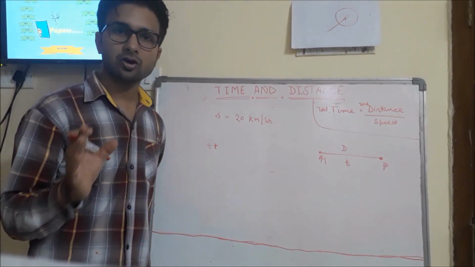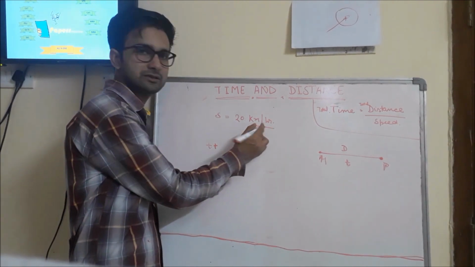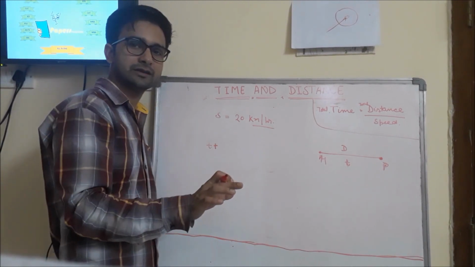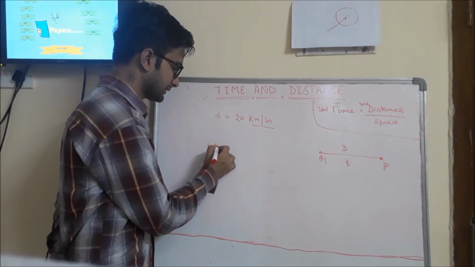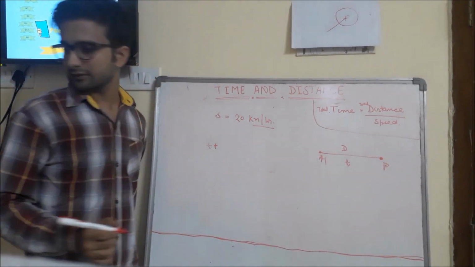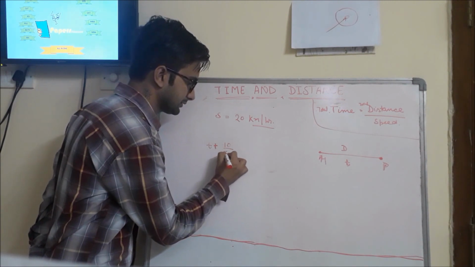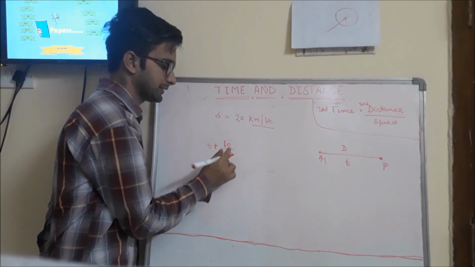Let's take all the minutes into hours. Just take care of this: if our speed is given in kilometers per hour, all our units will be in hours and kilometers. Just take care of the units while solving the problems. So because he is 10 minutes late, it will be 10 by 60. I've converted the time to hours, so it will be 1 by 6.